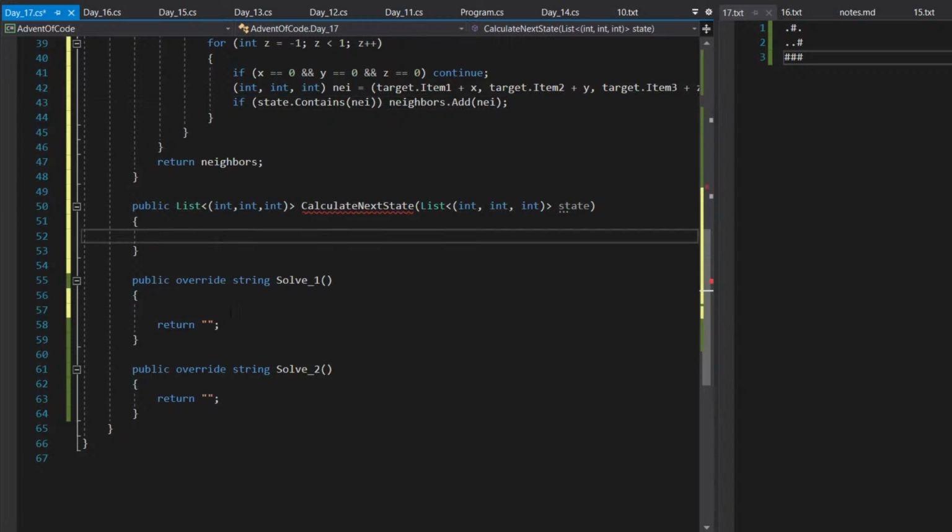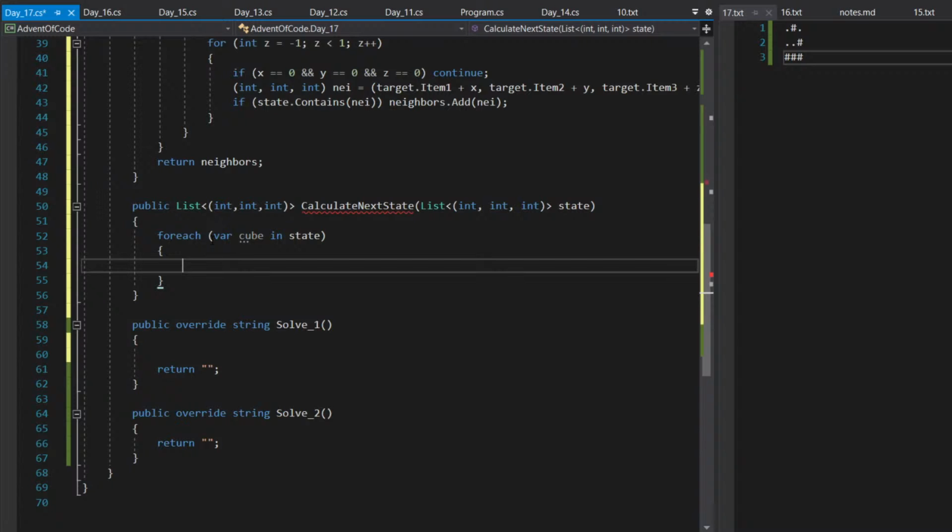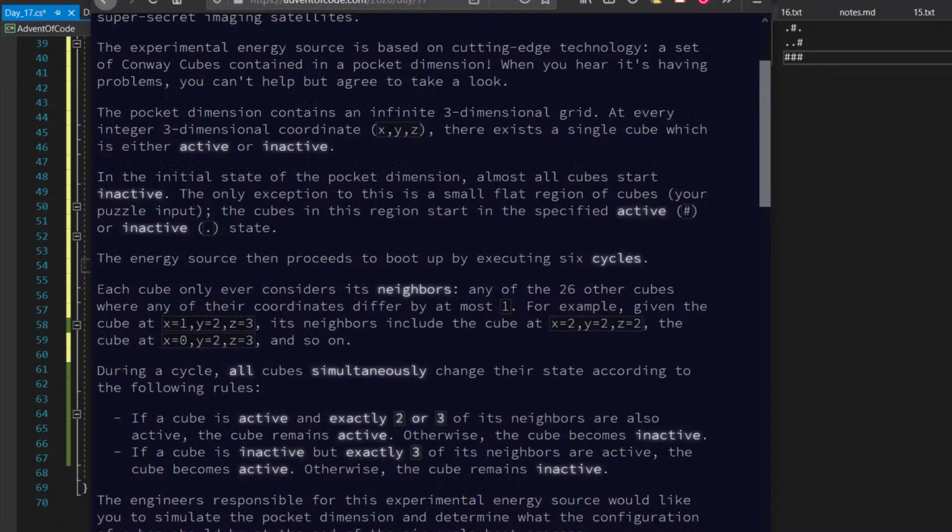So for calculate next state, we'll say, and this is, every time we have this list of cubes, we're only looking at active ones. Ooh, you know what?